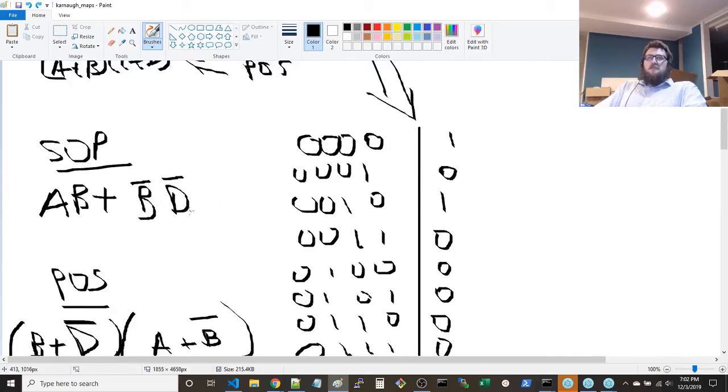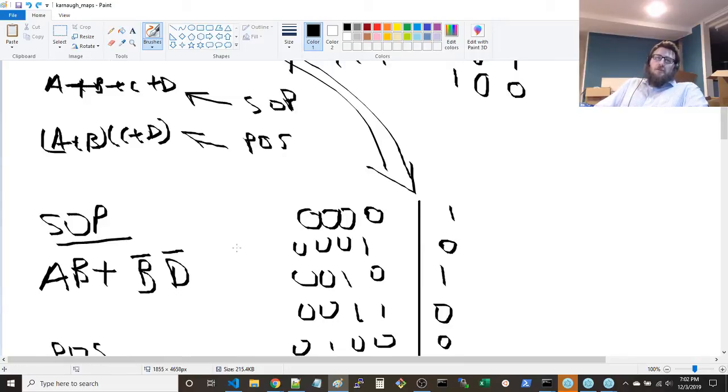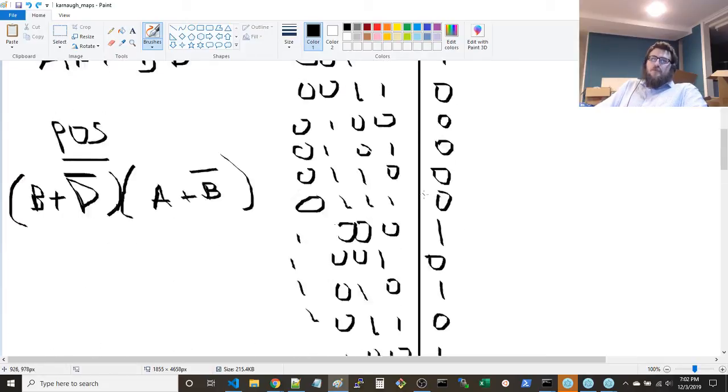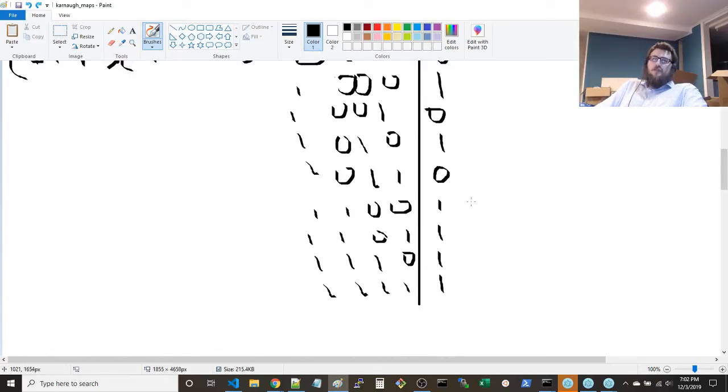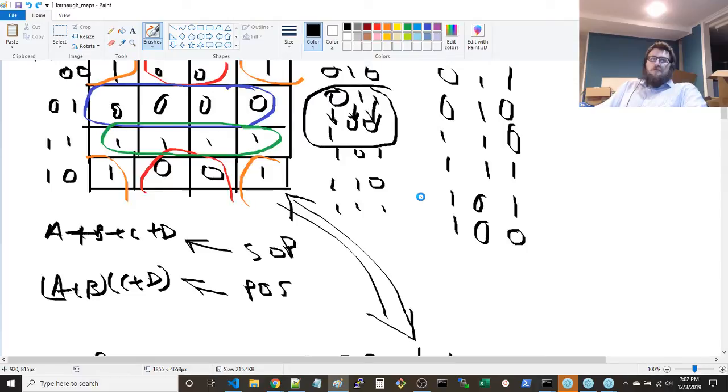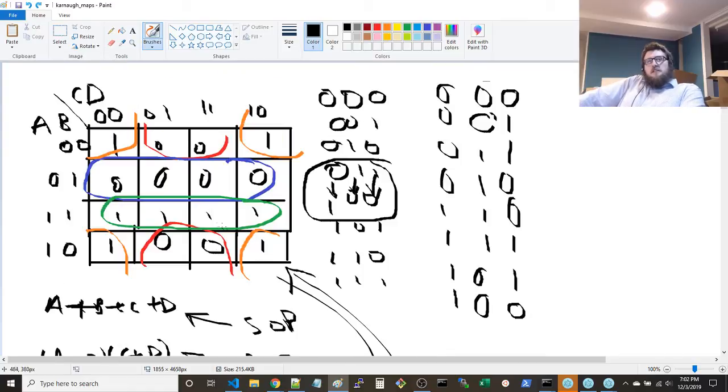And then you can logically deduce that, okay, for whatever value of C I get, if I have A and B, then it doesn't matter the values of C and D, and if I have not B and not D, then it doesn't matter what the values of C or A are, and that whole logical expression reduces to something a lot simpler. So that's very interesting. That's the idea.